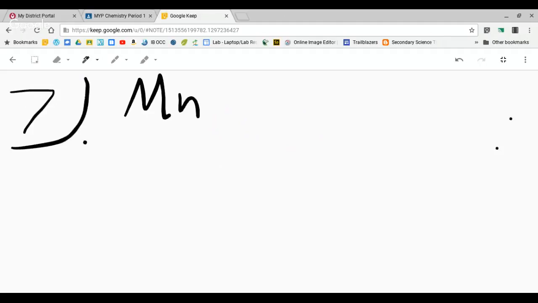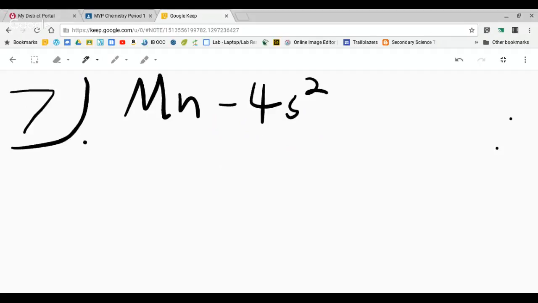All right, so number 7 says, manganese has a noble gas electron configuration of Ar 4s2 3d5. So this is manganese. And just give me confirmation, guys, that you can see my screen.